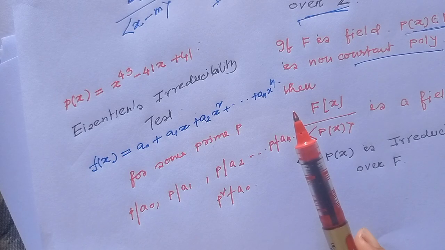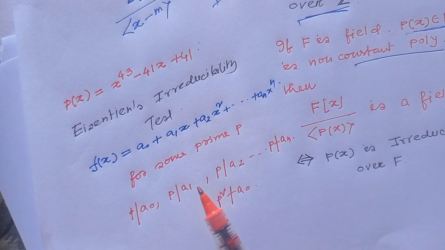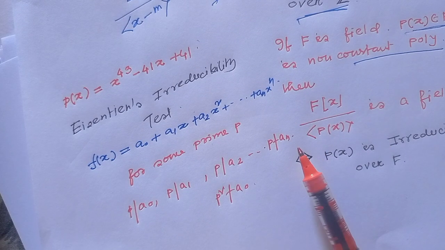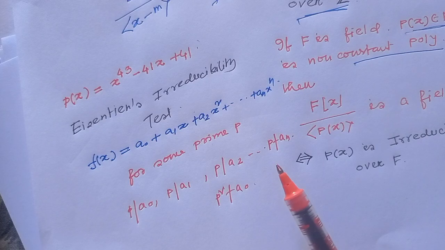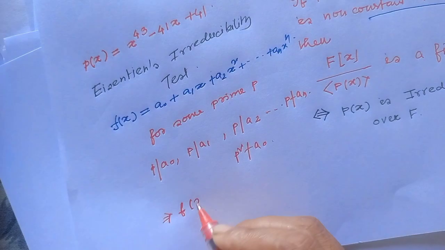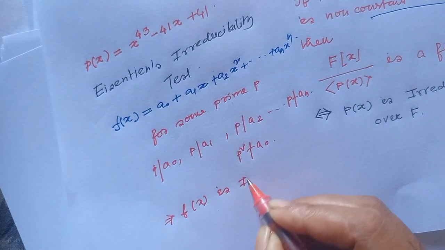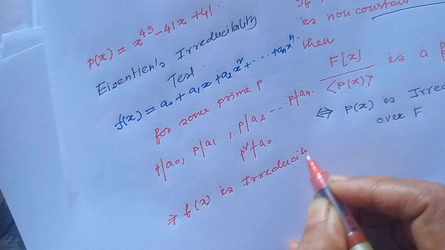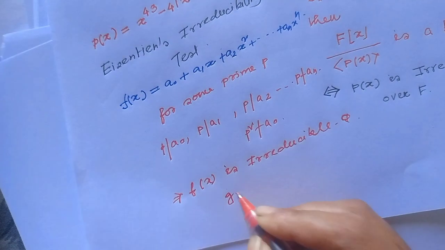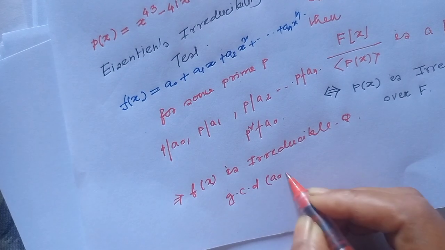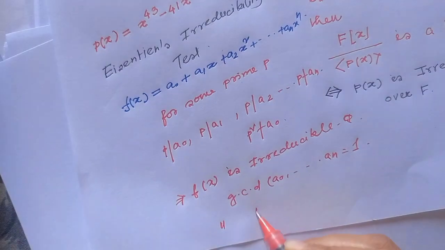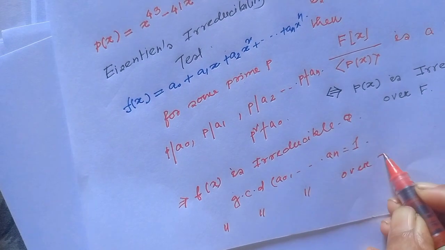For some prime number p, if p divides a0, p divides a1, p divides a2, but p does not divide an, and p squared does not divide a0, then we can tell f(x) is irreducible over Q. And if the GCD of a0 up to an equals 1, then we can tell f(x) is also irreducible over Z.